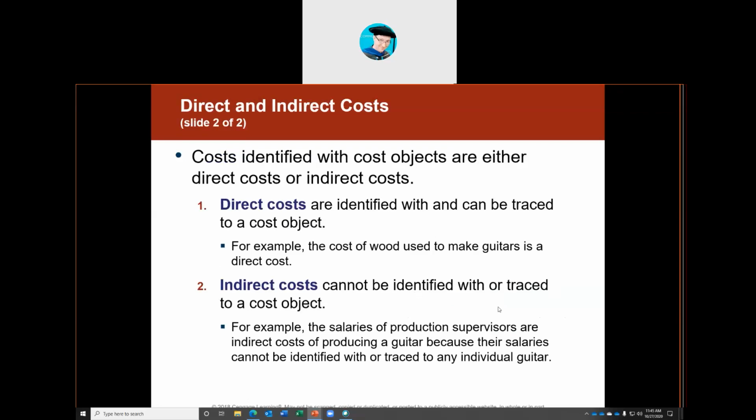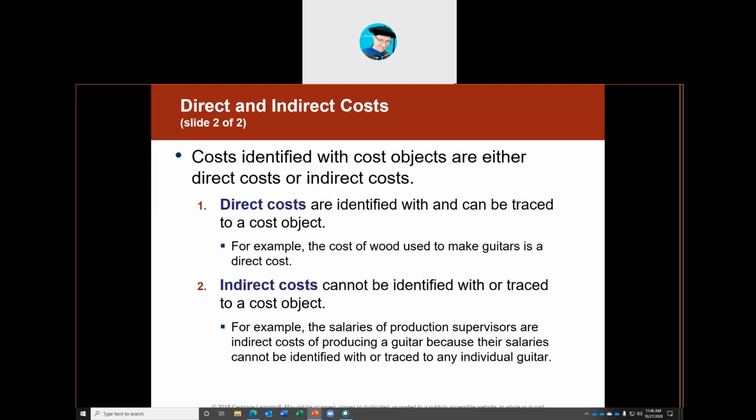Now, here's the important part. I really need you to think about this. When we talk about costs, we have two types of costs: direct cost and indirect cost. Direct costs are the things we can directly trace to the product, to the finished good.